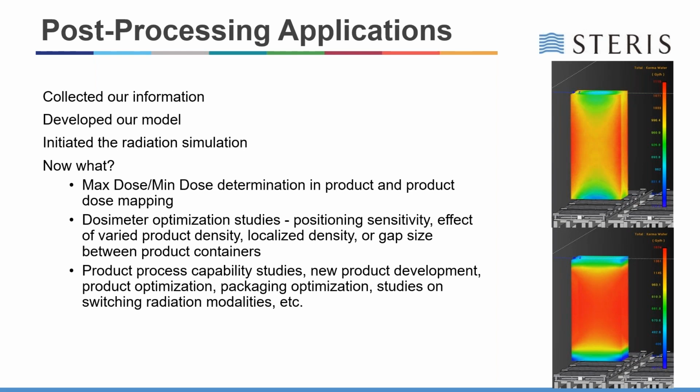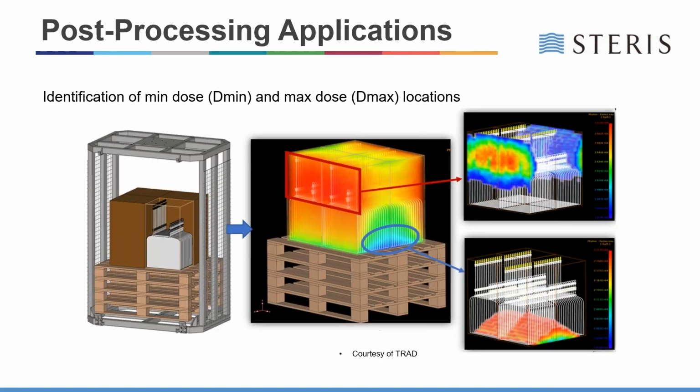This first set will be touched on each with its own slide, but the first would be showing max dose and min dose and determining where they are in a product, as well as product dose mapping. What we'll see here is the identification of the min dose and the max dose locations.